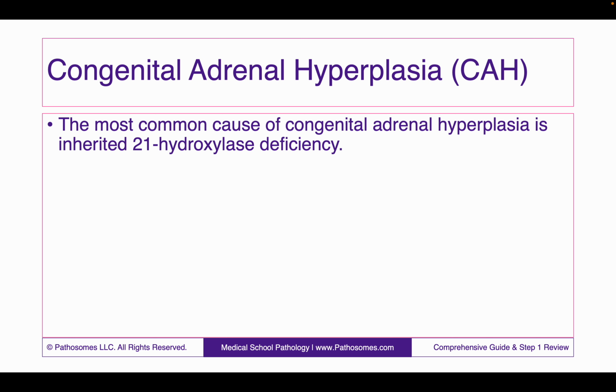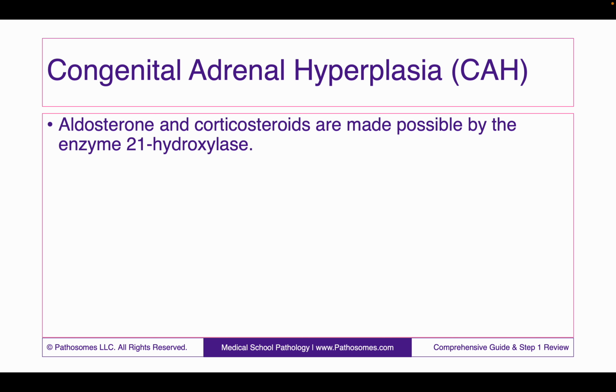The most common cause of congenital adrenal hyperplasia is inherited 21-hydroxylase deficiency. Aldosterone and corticosteroids are made possible by the enzyme 21-hydroxylase.